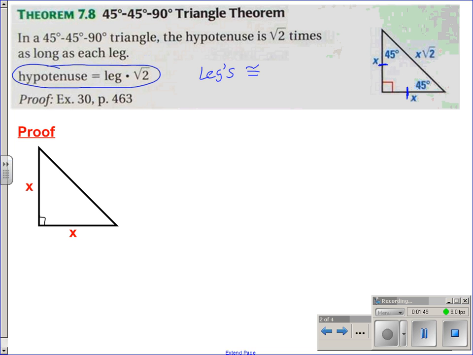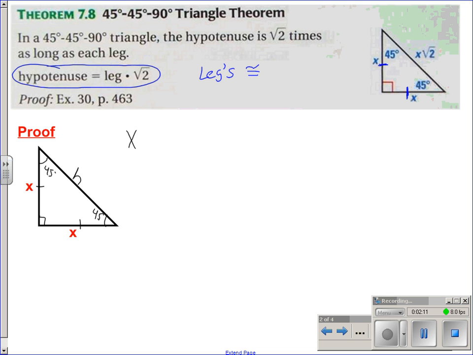We have a right triangle. We have two angles that are equal there, so that forces these two sides to be the same. Because these two angles are equal, that forces a 45-degree and a 45-degree angle. So I'm just going to name the hypotenuse h for obvious reasons, and just do Pythagorean theorem.